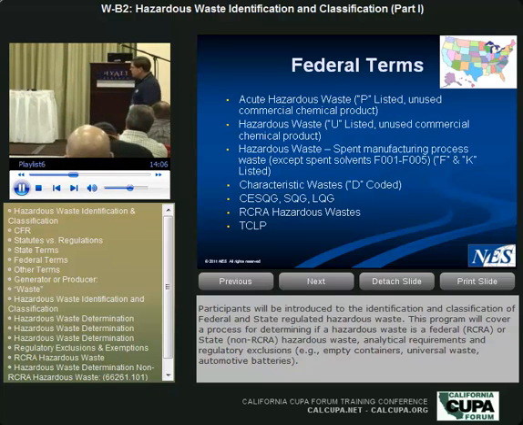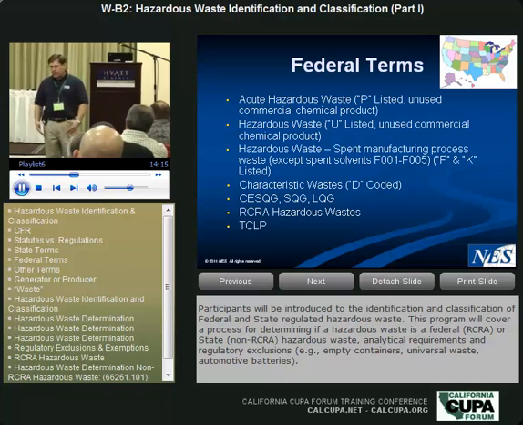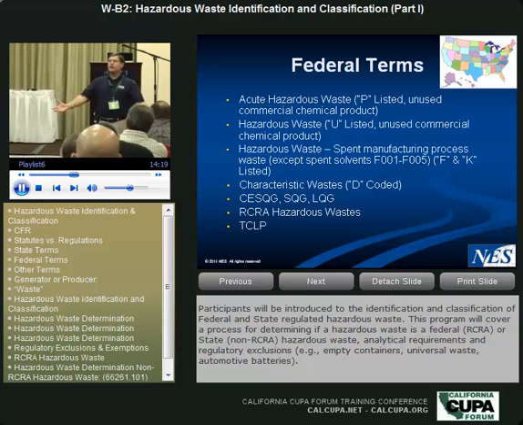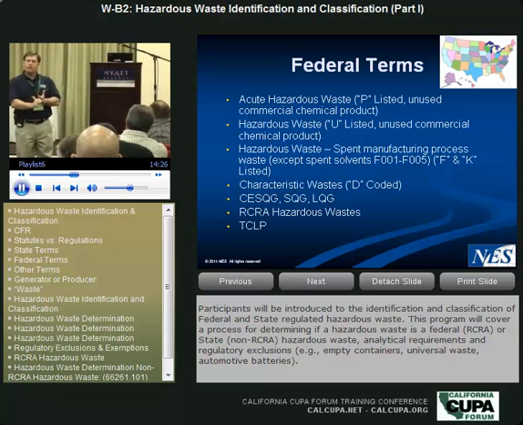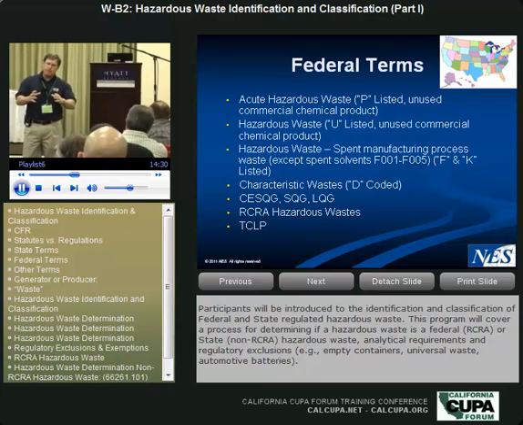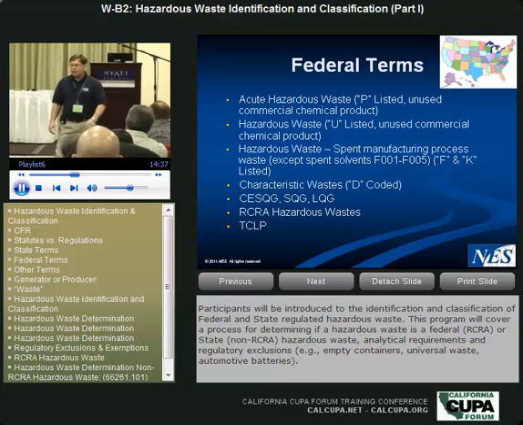And then we have hazardous wastes. Same concept, same idea. Like a P waste that's acutely hazardous, these are unused, unspent formulations. I haven't used it. I buy it, I store it, I change my process, and now I'm going to get rid of it. And so that's a candidate for being a P or U waste. It's not that it always is. Sometimes it's not. But if you have used something, used is defined by the state of California. Spent is defined federally.